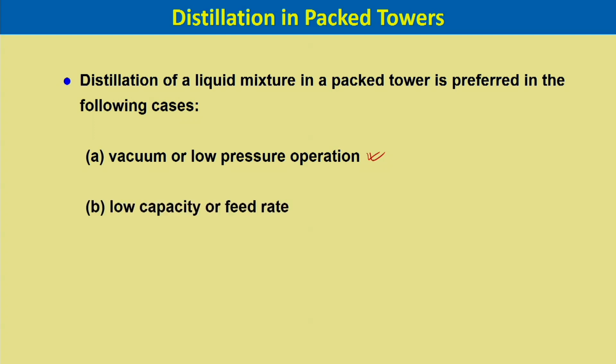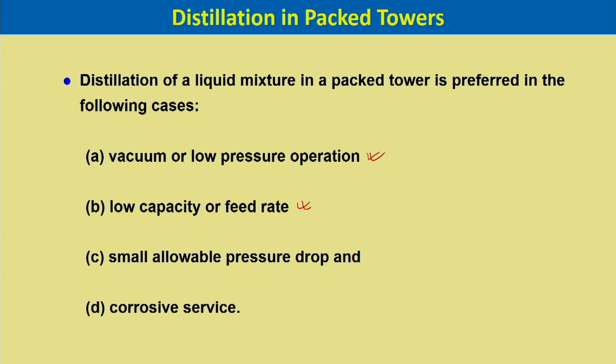The second case is the low capacity of the feed, and third case, small allowable pressure drop. If we need small allowable pressure drop, then we can use packed towers. And another one, if there are corrosive services, like the system corrodes the equipment and other parts of the column, then packed towers may be preferred.